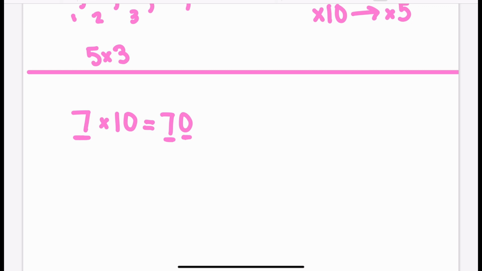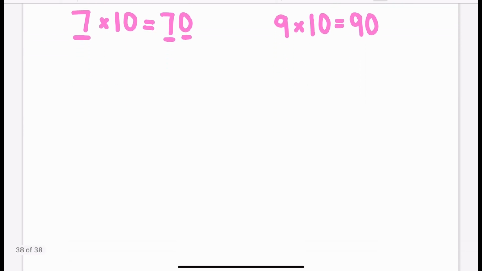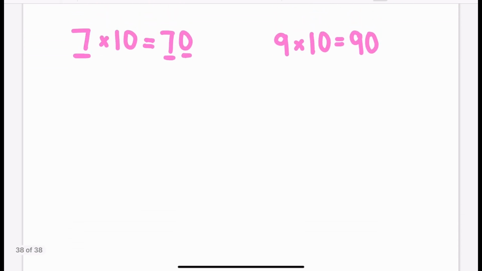I'm not adding a 0. I'm shifting the digit to the left and placing a 0 in the 1's. So for example, if I'm doing 9 times 10, I can simply place my 9 and put a 0 in the 1's place. Okay, so we're going to use that understanding to help us.